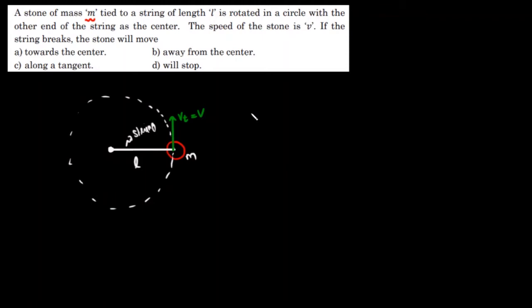Now if the string breaks, the stone will move towards the center, away from the center, along a tangent, or stop. Obviously everyone knows it will not stop. And if you think intuitively, there is no possibility of it moving towards the center also.